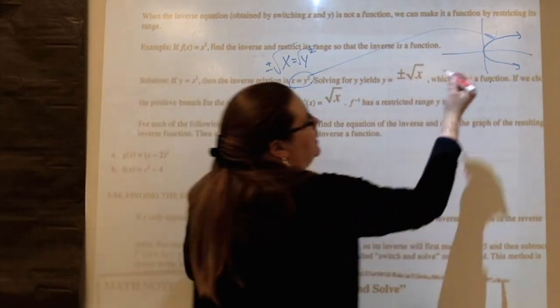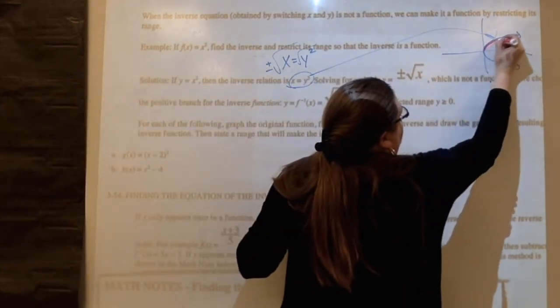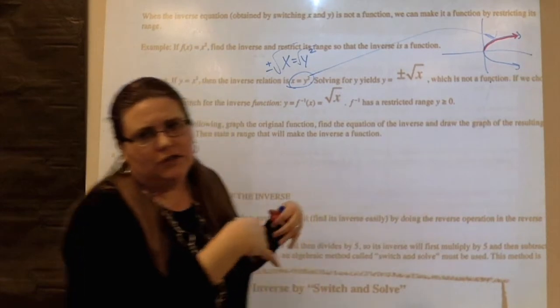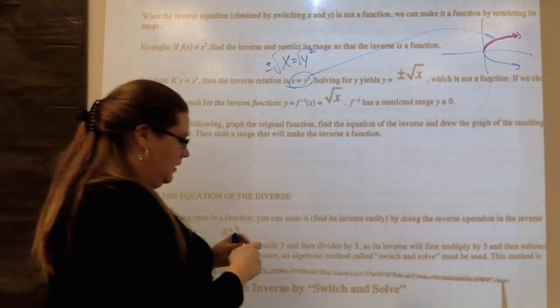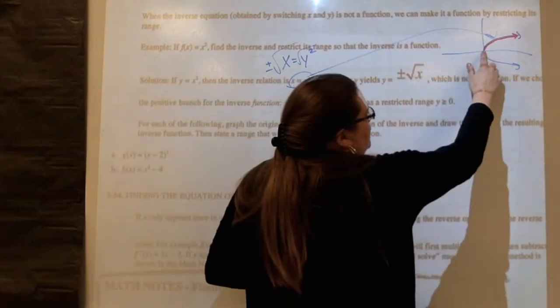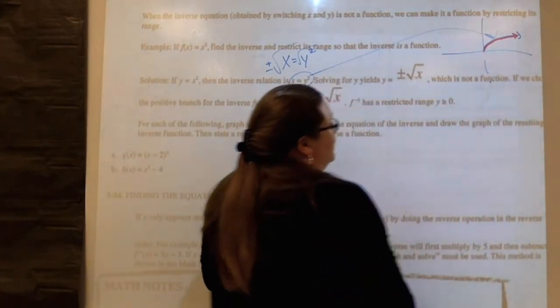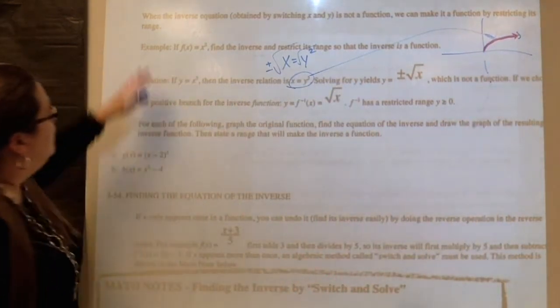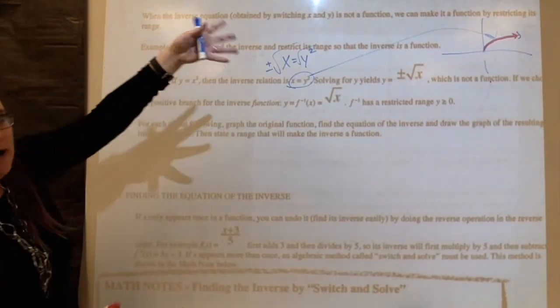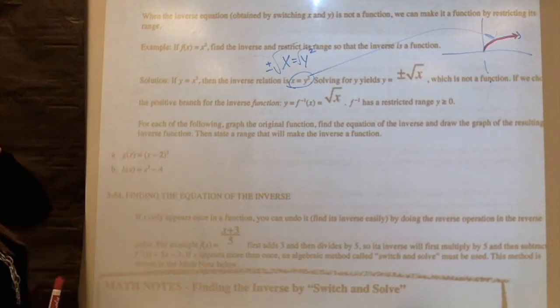We can only choose the positive or the negative branch, but if we choose either one, then it is a function. So if this negative branch wasn't even there, then now you have a function. It would pass the vertical line test. So you can restrict the range, or the y values, of the inverse to make it a function.